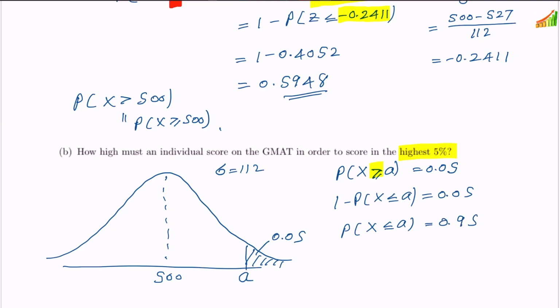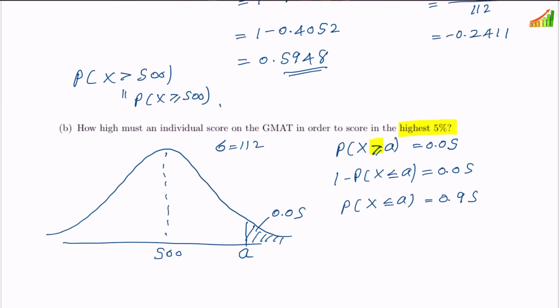Now, what is the next step? Because here we have x again, so we need to convert to z. We know the probability, so now we need to convert A to the z value.